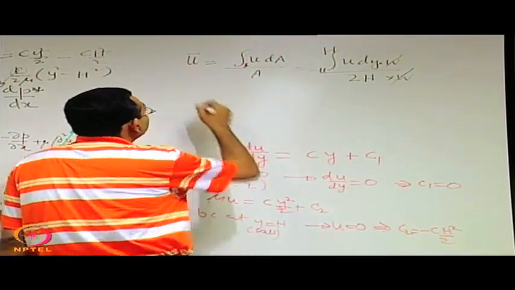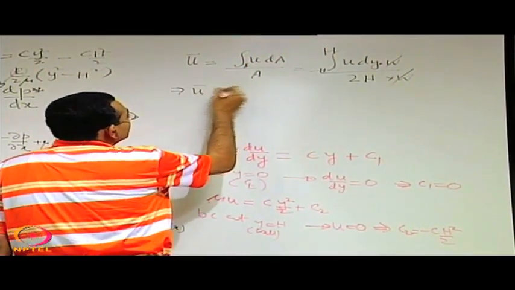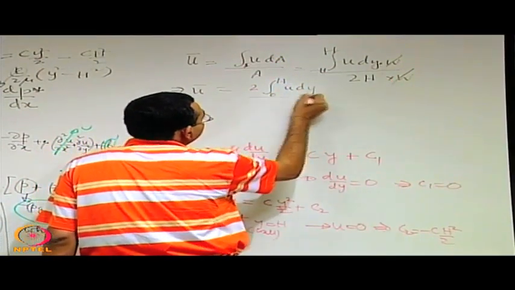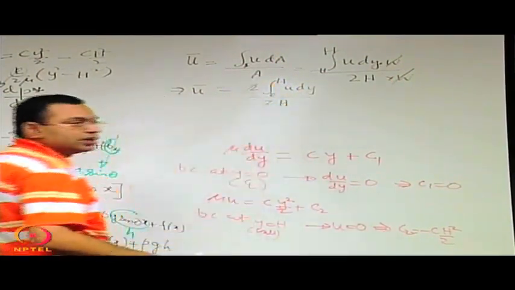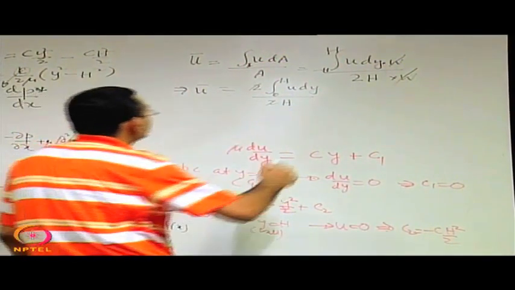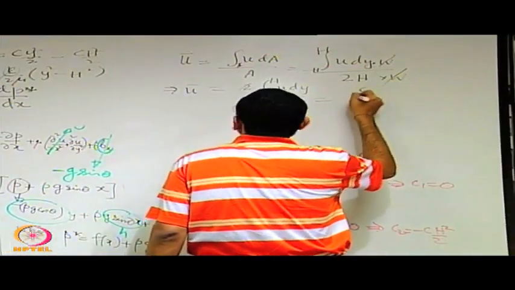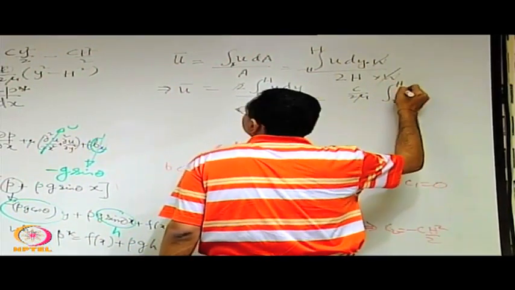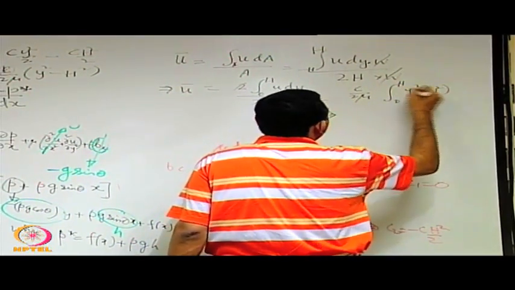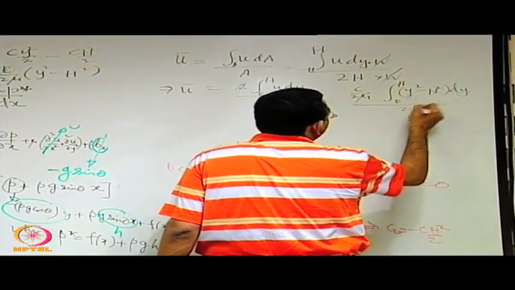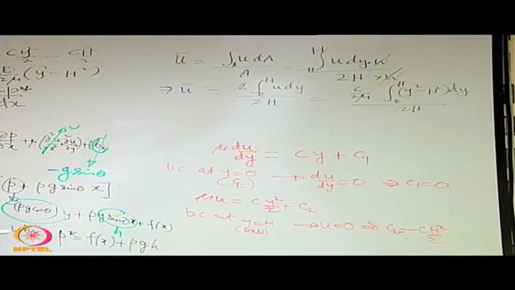Because of the symmetry, this is as good as 2 into integral of 0 to h u dy divided by 2h. So half is good enough, and you may substitute u, that is c by 2 mu into integral of 0 to h (y square minus h square) dy divided by 2h. So let us just complete this expression.